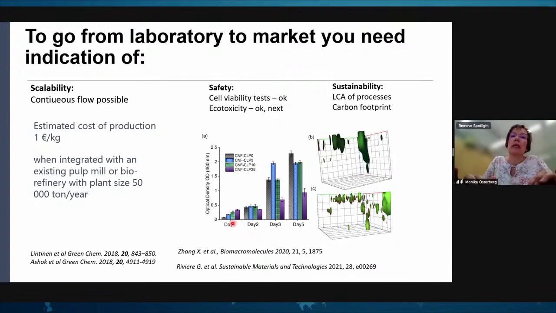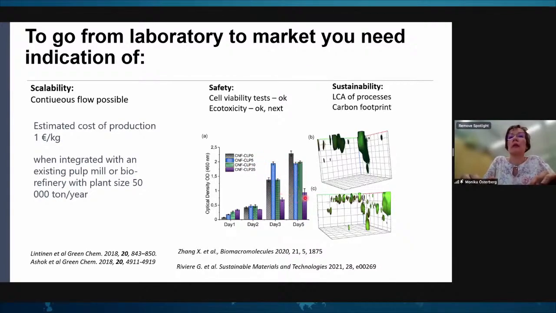Here the cell viability was measured using the optical density, and we see that there is growth of cells, more and more cells are growing. If we look at the medium amount of lignin particles, like 5 or 10%, we see no negative effect at all.